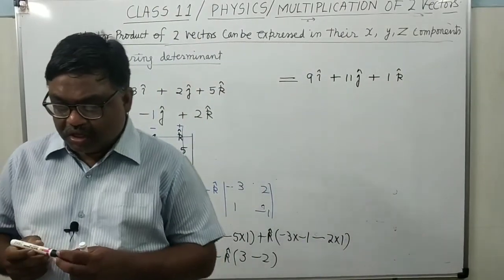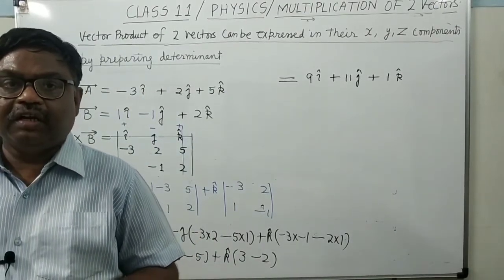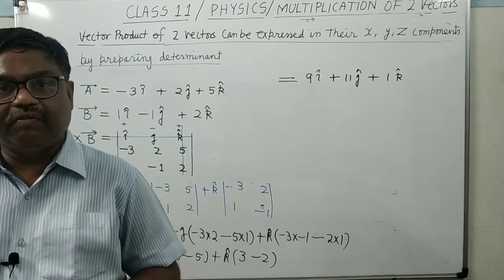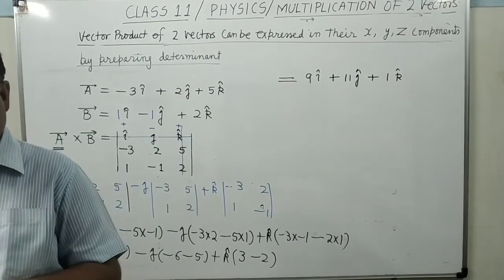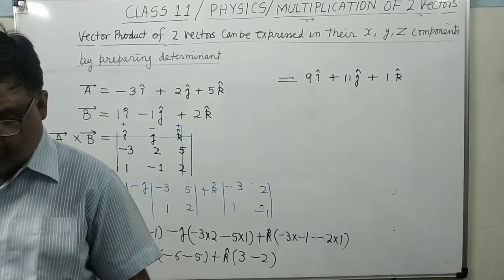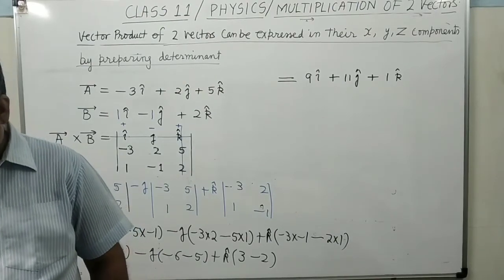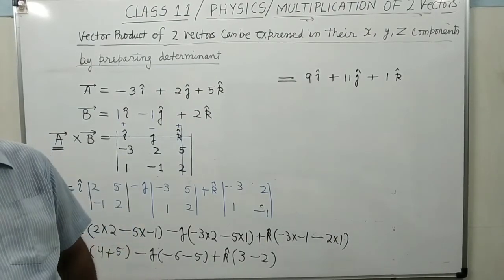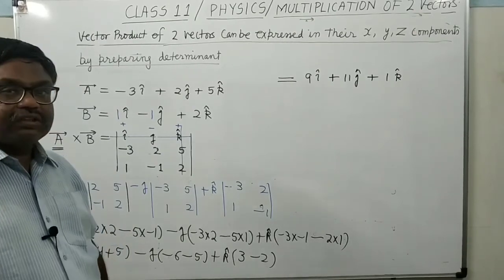So this way I have told everything in scalar product and vector product. Now in the next lecture I will discuss some questions over this. It is clear. Now all the theory part I have told you. There is one more thing that I will tell you during the questions.